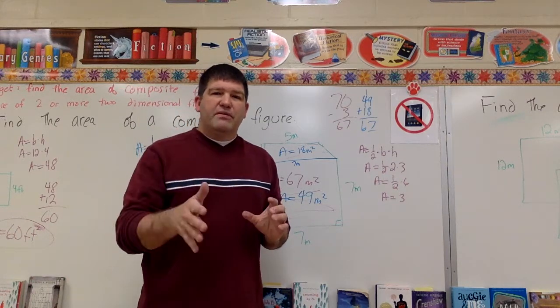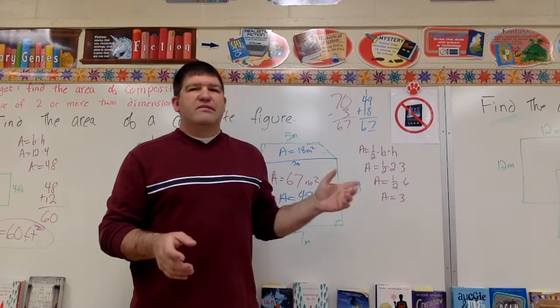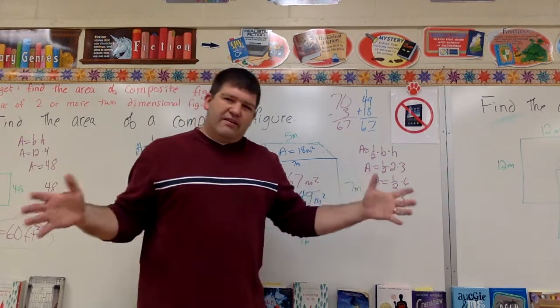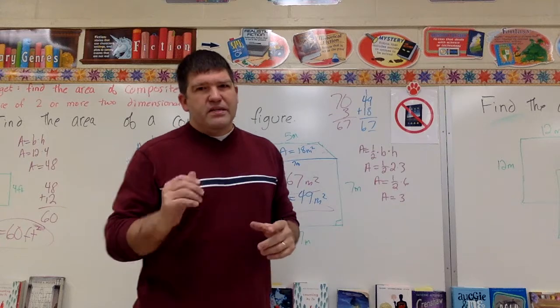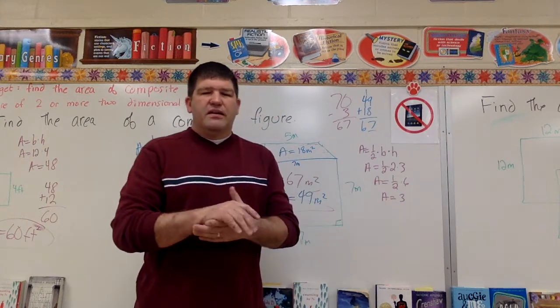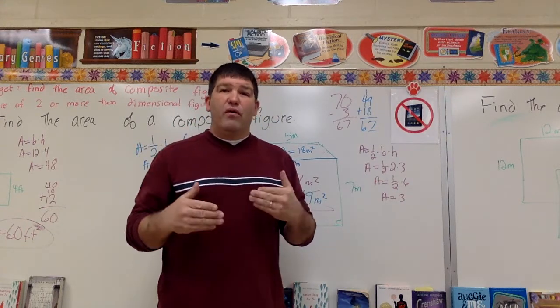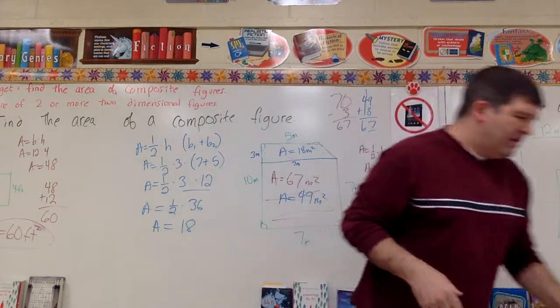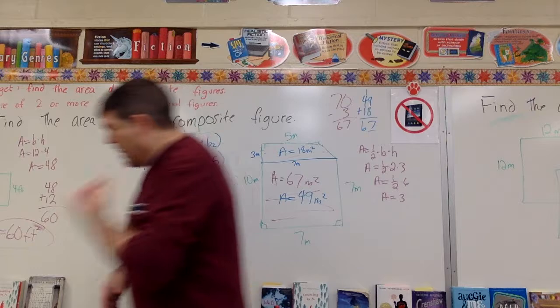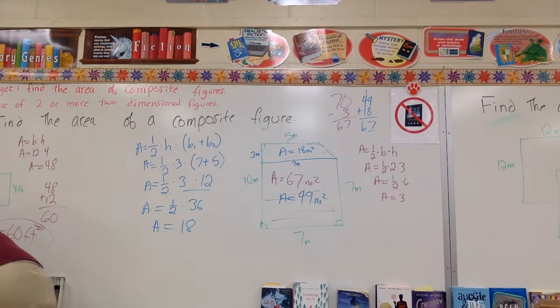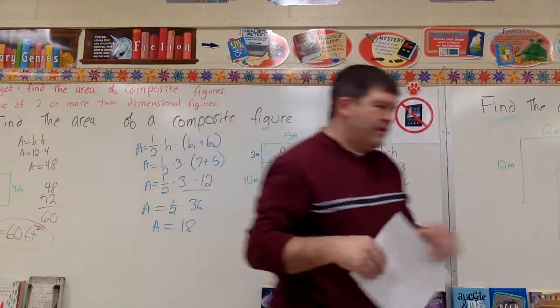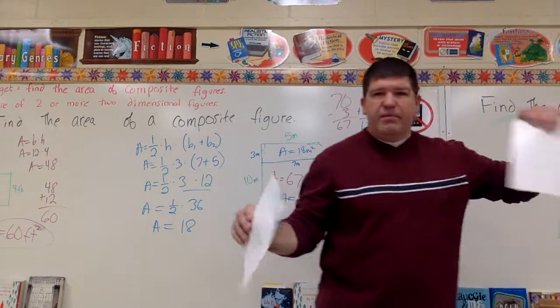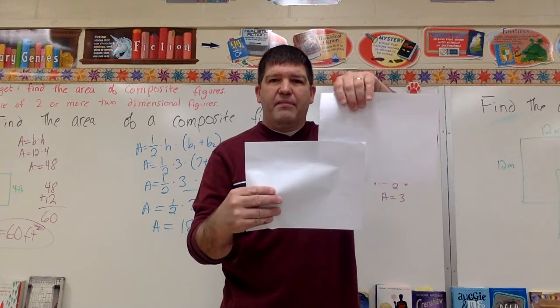Now, I'm going to stop this video because the next one, together these two would be too long for a video. So the next thing I want to talk about is when you have two figures that are overlapping. Like, I have a parallelogram here and a parallelogram here. Overlap them.